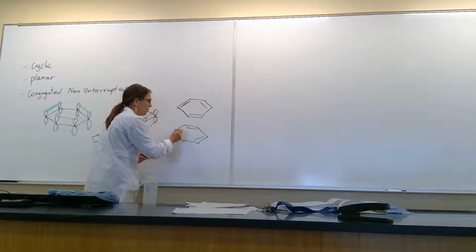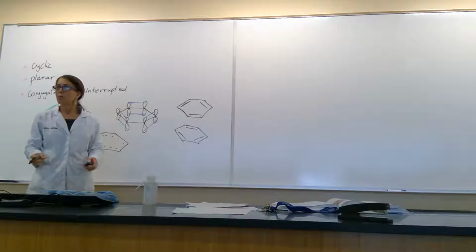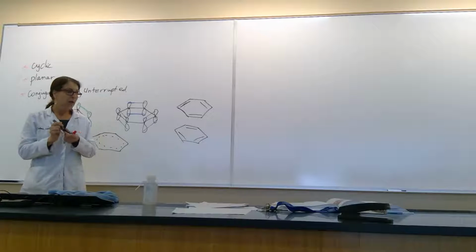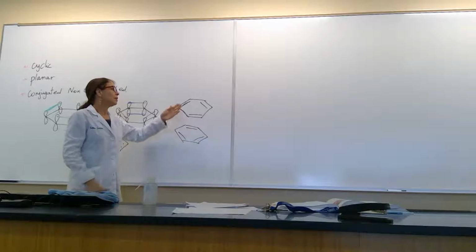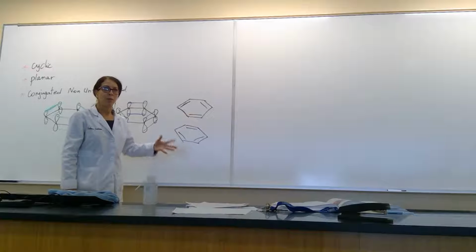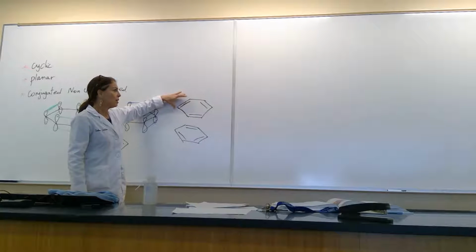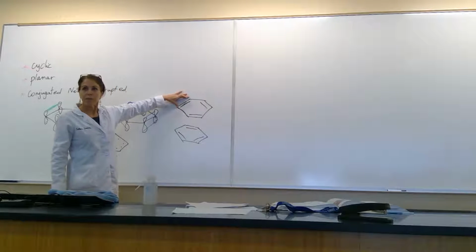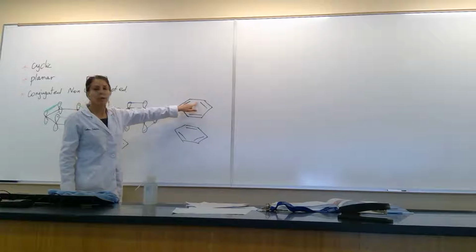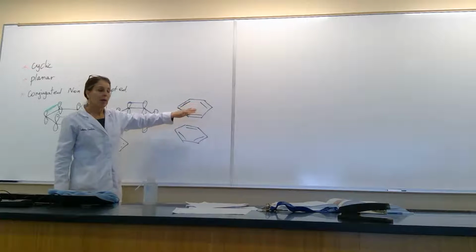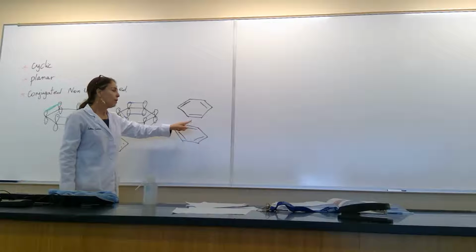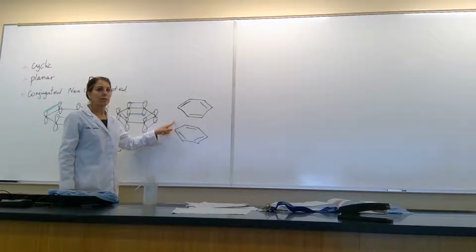This would be the double bond. Now these are the 2 forms of benzene. And we know that it's not going to be either one of them. Why? Because if this is the correct form, this bond would be shorter than this. If this is the correct form, this bond will be shorter than this.